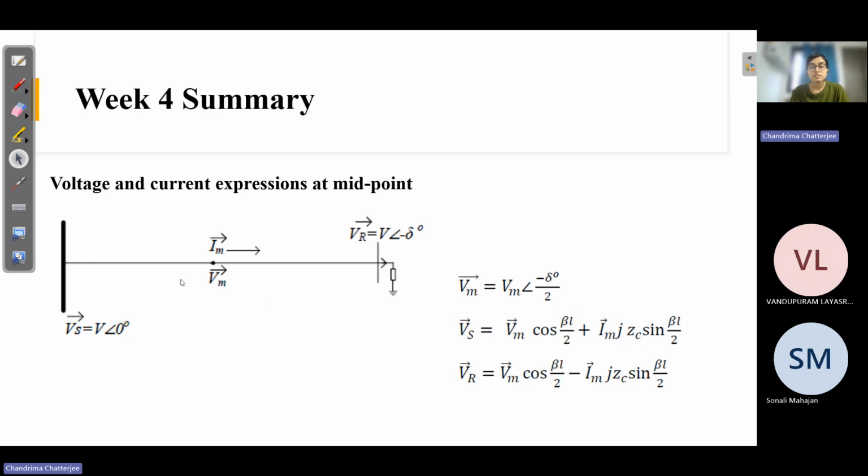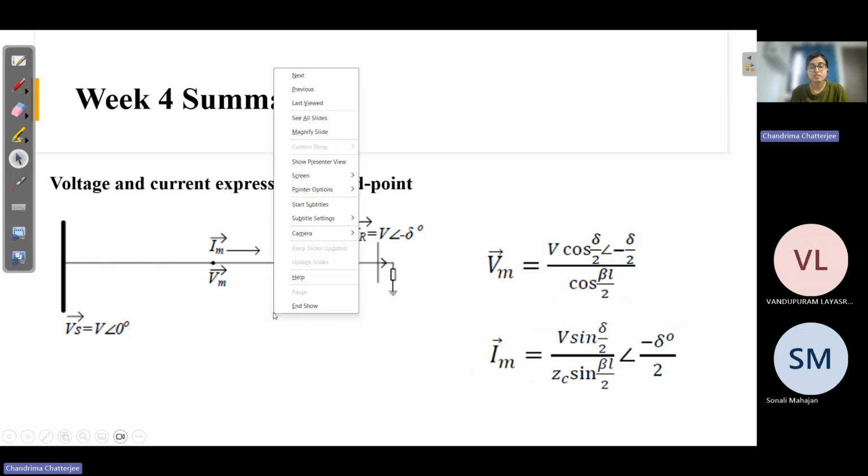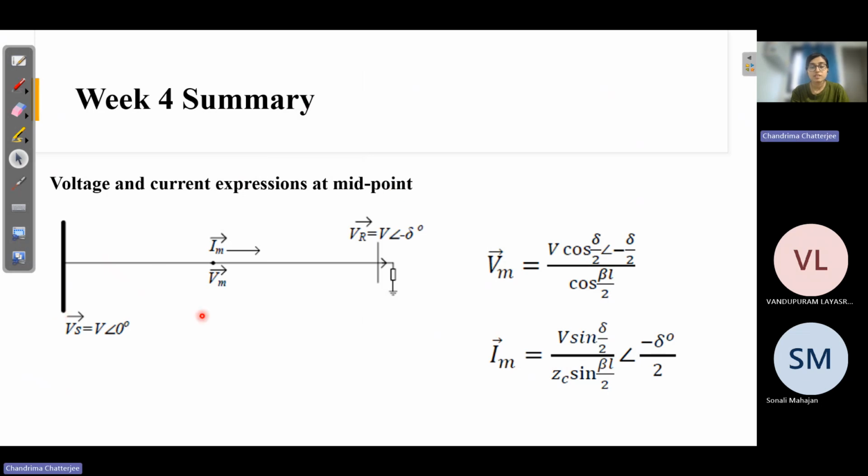So basically, if this is a transmission line, and here we have the sending end and receiving ends. We have the sending end and the receiving end points. And suppose VM, this point, this is the midpoint. This point is at equal distance from the sending end and equal distance from the receiving end.